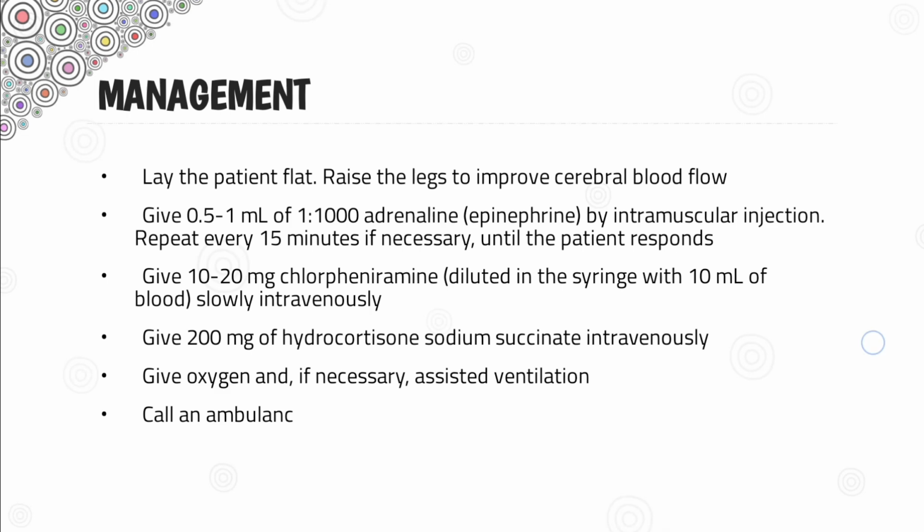So, the management is to lay the patient flat and raise the legs to improve cerebral blood flow. Now, give 0.5 to 1 ml of 1 in 1000 adrenaline by IM, and repeat this every 15 minutes if necessary. Also, you can try giving 10 to 20 mg chlorpheniramine, that is diluted in a syringe.